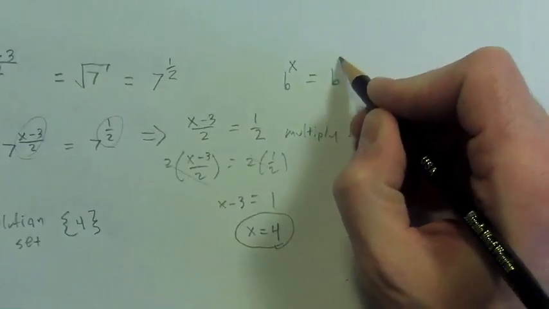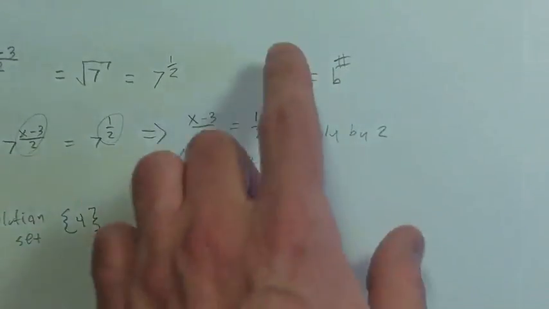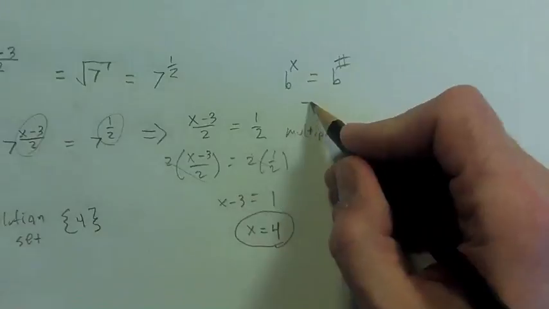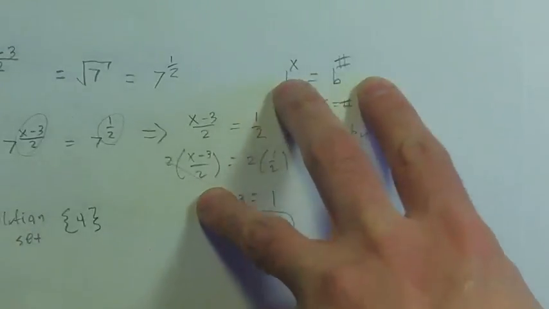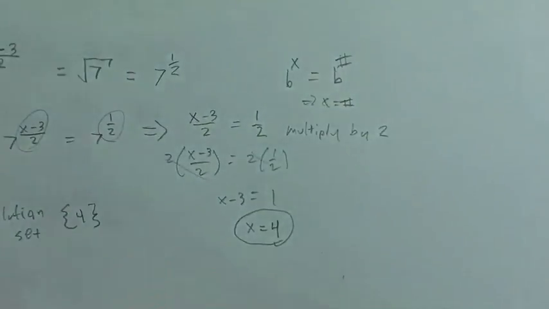So if you can get things down to being the base to some power with x is equal to base to some number, then you can solve by just matching these equal to each other. Because if you can get the bases to match, then the powers must also match.